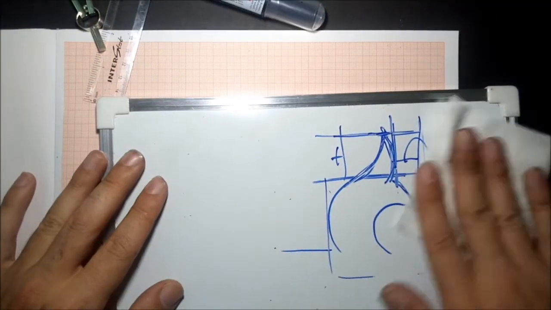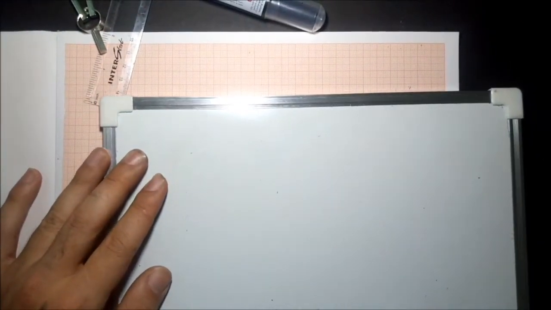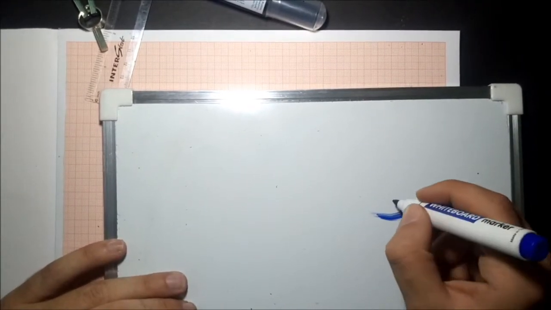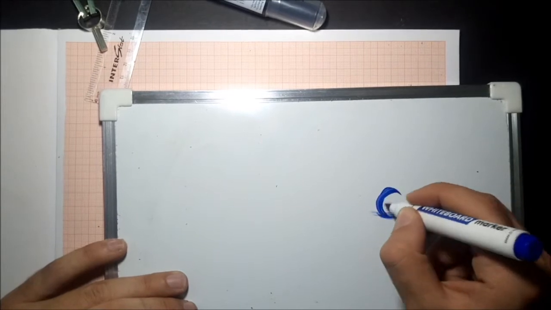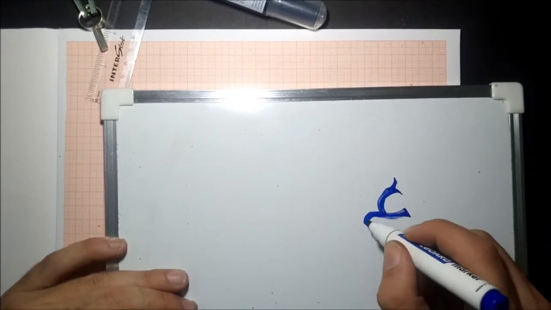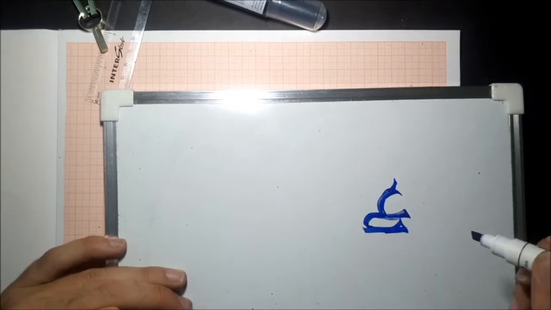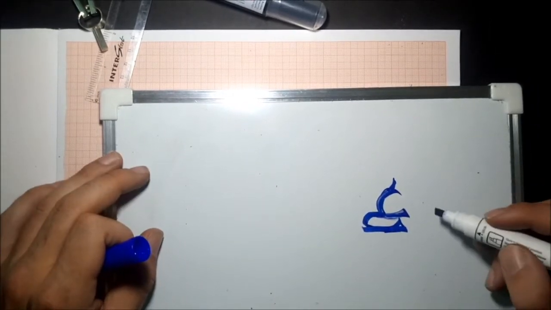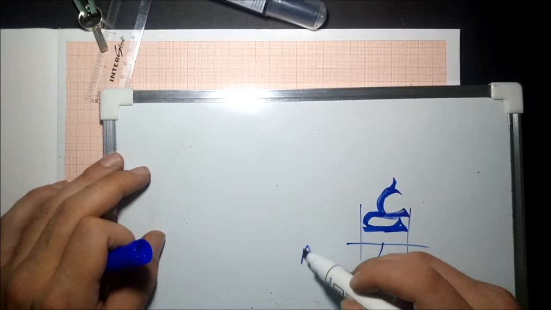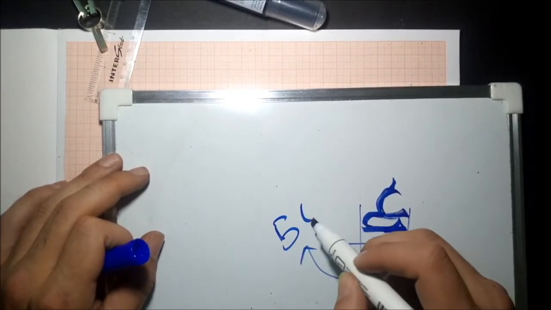We will add the same move we did for the ha and kha and jim. We've drawn this part of it. We are going to go downwards and do the other one. Now the width of the ain, all of it, equals 5t.